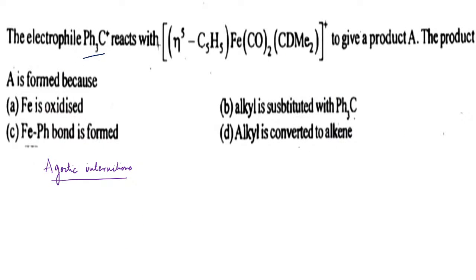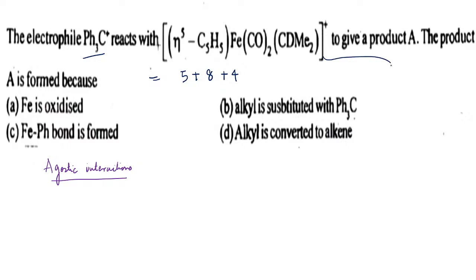The question was, this is the complex, and you have to get the correct answer. Now you can relate all these points with this particular question, and definitely it will make some sense. So let's calculate the electron count for this system. This is 5 from cyclopentadienyl and 8 from iron. Then you have 2 carbonyl ligands, so 4 from carbonyl. What is this ligand?